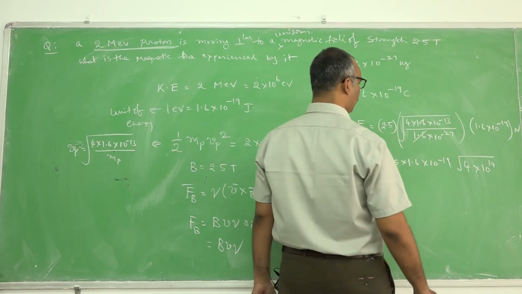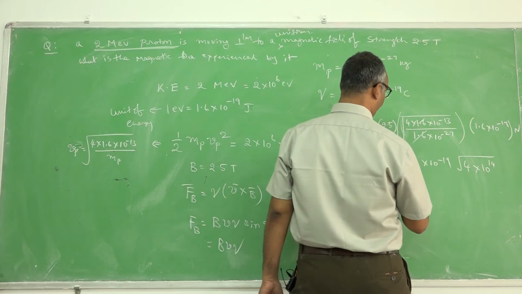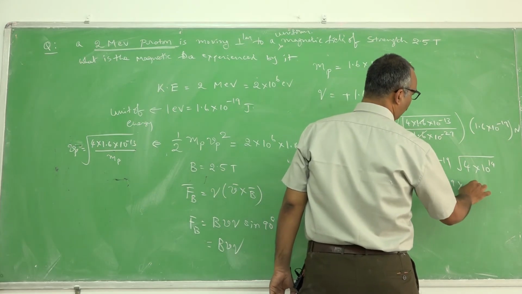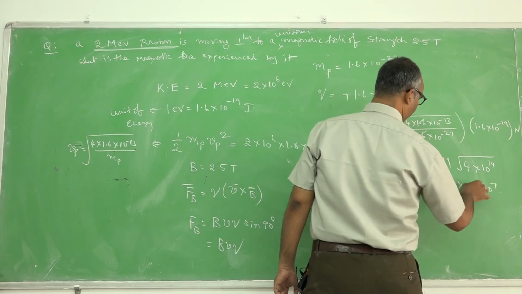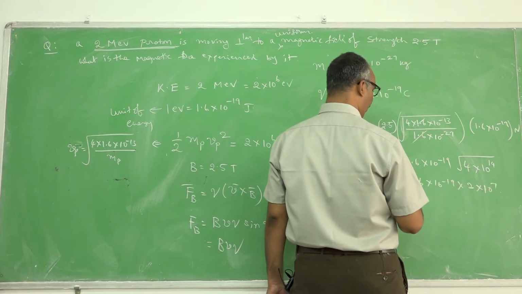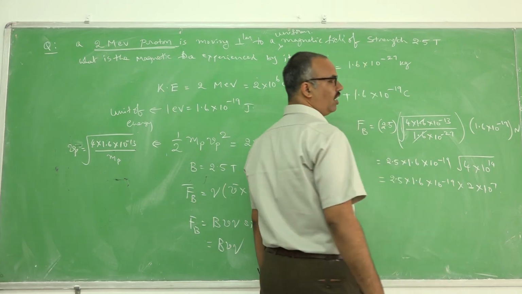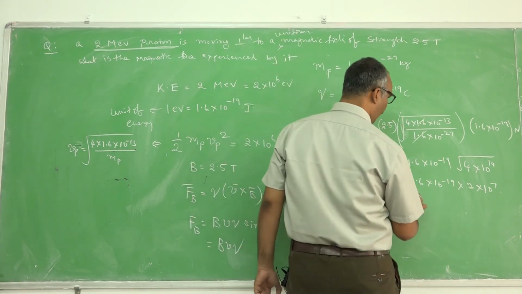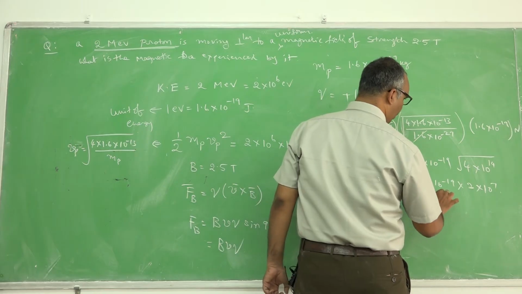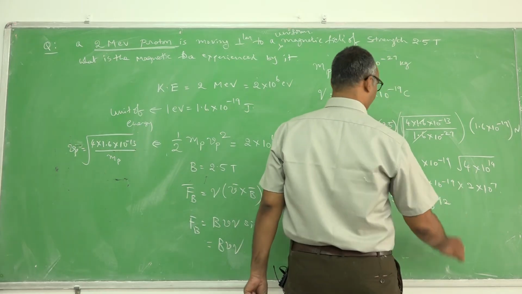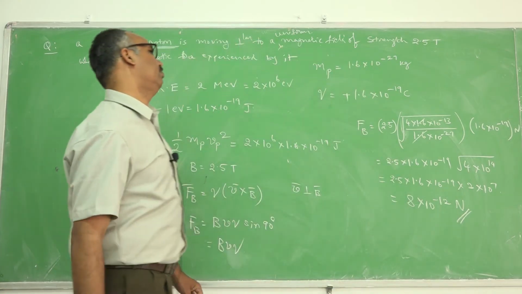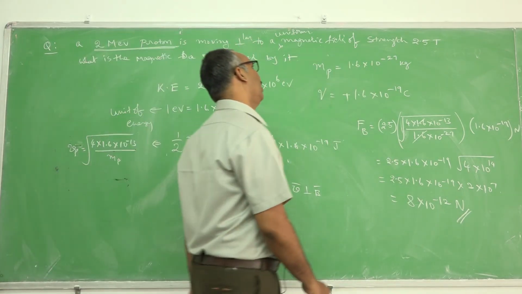So you will have 2.5 into 1.6 into 10 power minus 19 into 2 into 10 power 7. 2.5s are 5, 5 16s are 80. So it becomes 8 into 10 power minus 12 newtons.